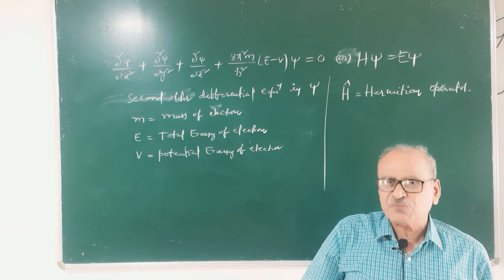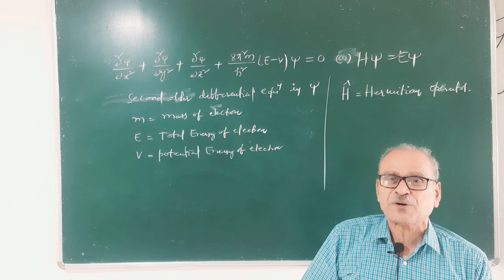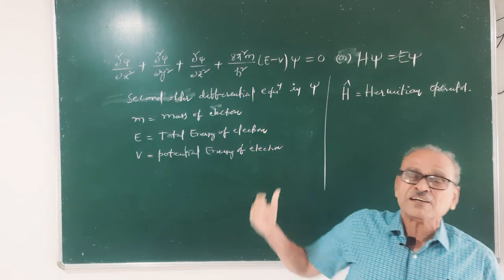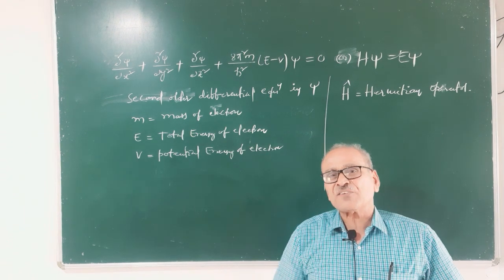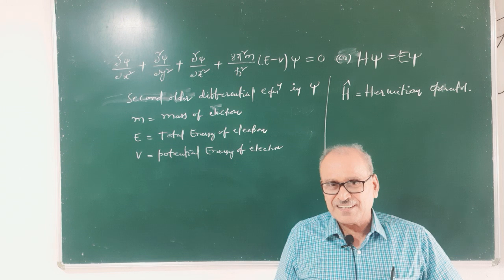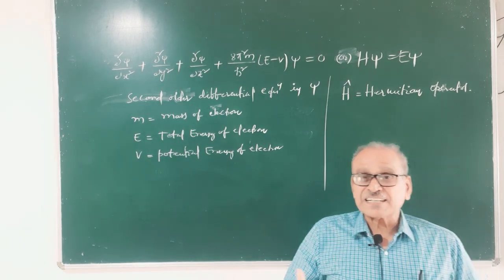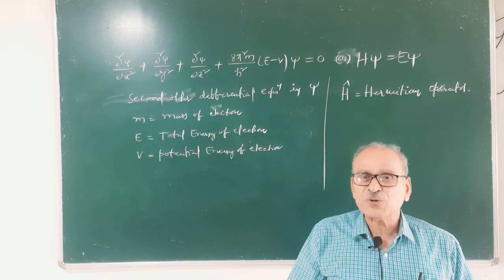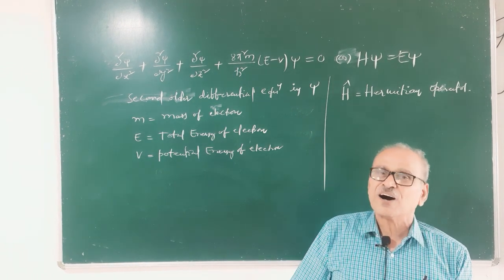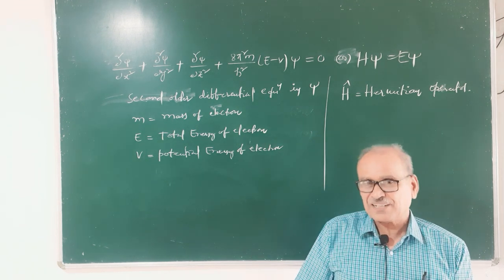We do not have to worry about it, but the solution to this equation is important for us. As part of the solution for this second order differential equation, we get a very large number of solutions. Out of these, we select certain solutions which are applicable to our individual case of atoms, molecules or ions. They are called eigenfunctions.